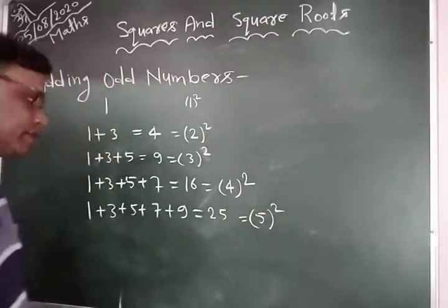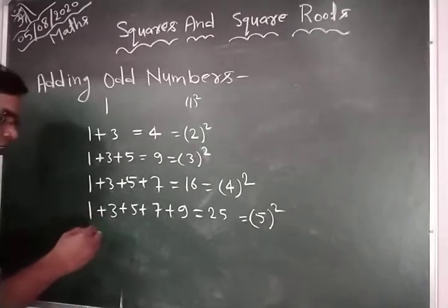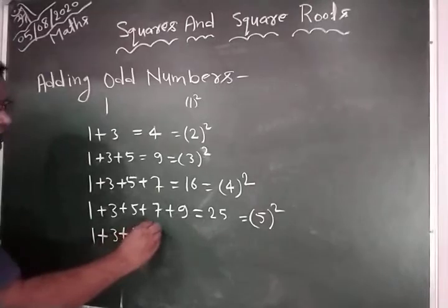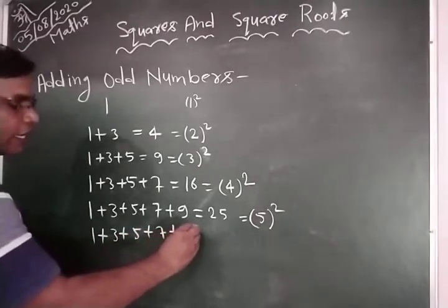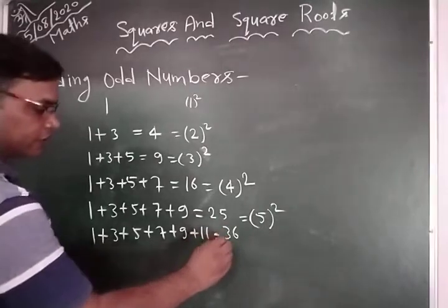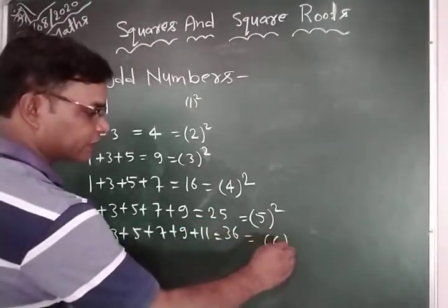Okay, now let's see the sum of six odd numbers. 1 plus 3 plus 5 plus 7 plus 9 and after this plus 11. This is equal to 36. Okay, so 36 is the square of 6.